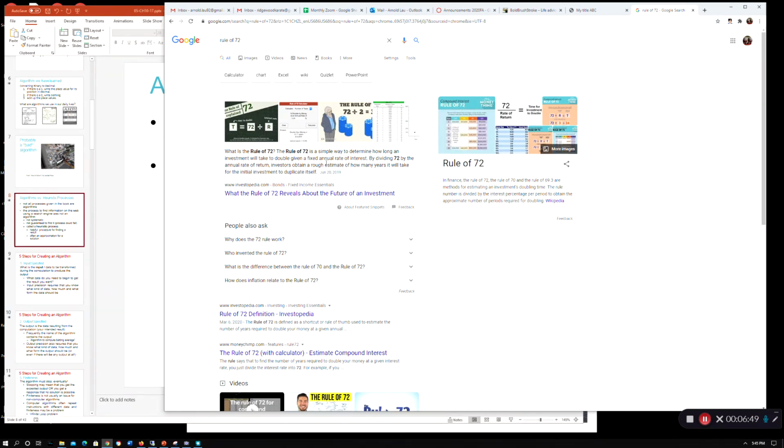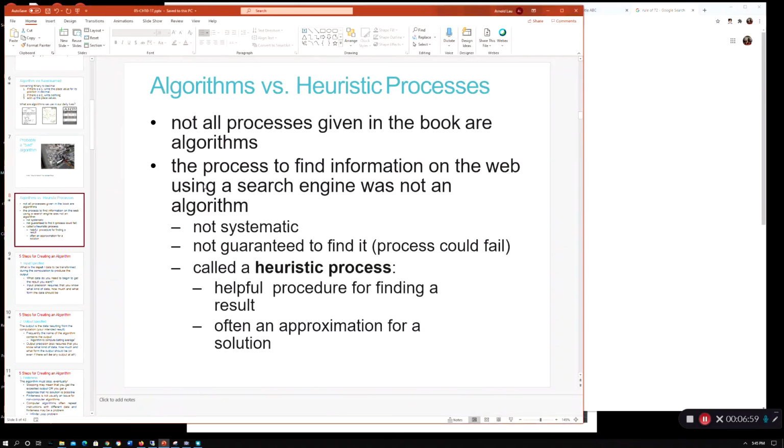So when I say about or roughly, that's what we mean by heuristic. It's just a quick calculation. It's not super exact. So that's what heuristic is. I'm not going to spend too much time on it, but that's just an example. What it's saying here is not systematic, not guaranteed, but helpful to find a result.